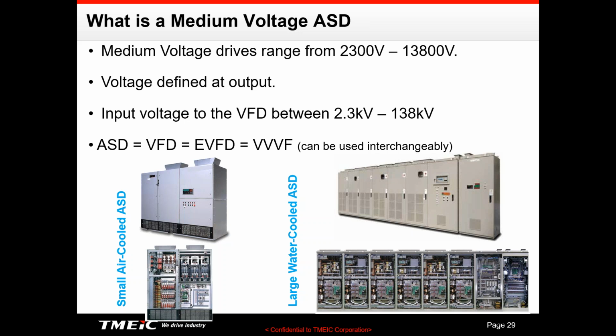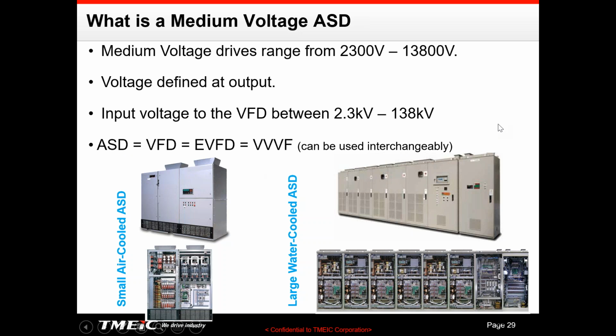So here's the medium voltage ASD. The thing is, the input voltage can be anything. It can be 2.3 kV or 138 kV, because the voltage is defined at the output. ASD, VFD, EVFD, variable voltage variable frequency, it's all the same thing.